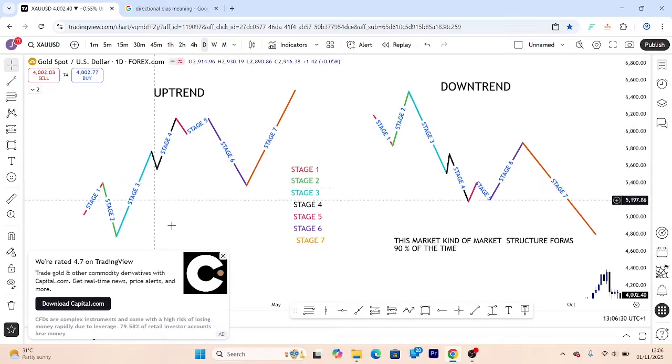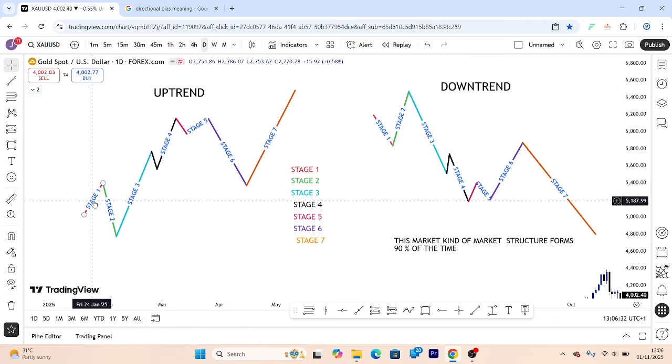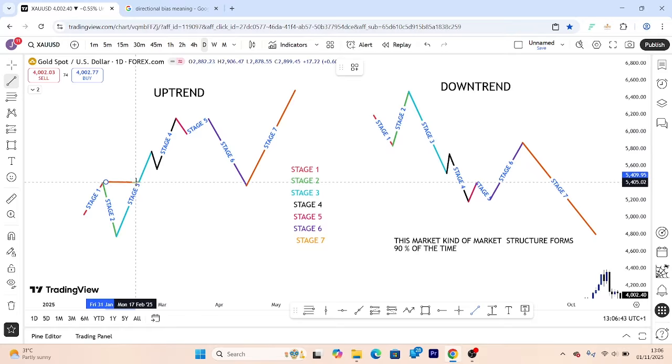So for instance, at the higher time frame, what do we identify? We see that there is a break of structure that happened here. So we'll come here, and this is it.